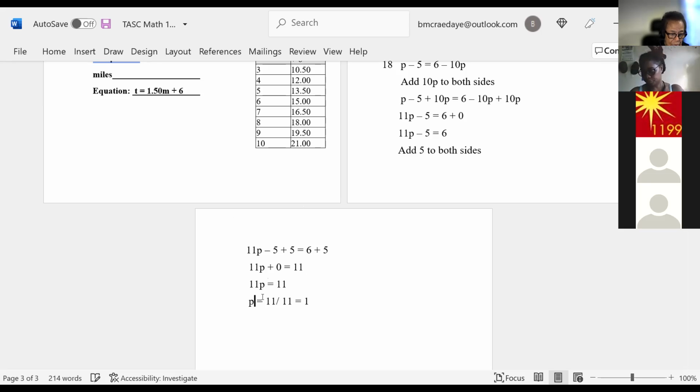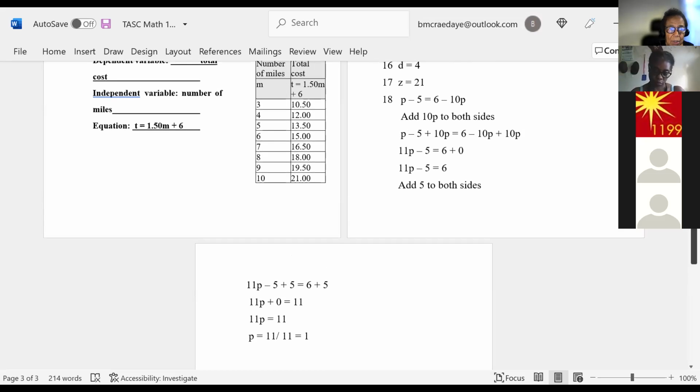Maureen, are there questions? Because you said you had a problem with this one. Notice, Maureen, let's go back up here. When you have p minus 5 equals 6 minus 10p, you've got to get the 10p with the p, right?